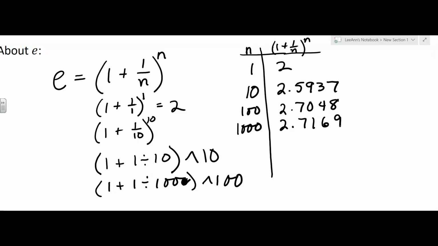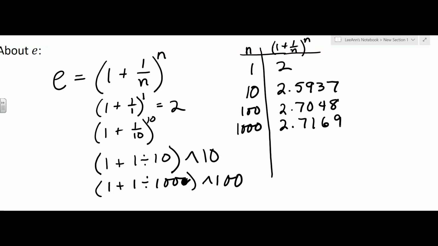Okay, so 1,000,000, that's 6 zeros, so parenthesis 1 plus 1, and then 6 zeros. Oh, no. Let me talk right. It's 1 plus 1 divided by 1, and then 6 zeros. 1, 2, 3, 4, 5, 6.